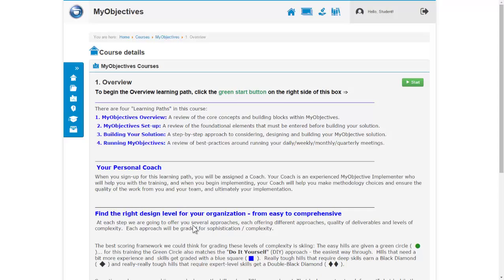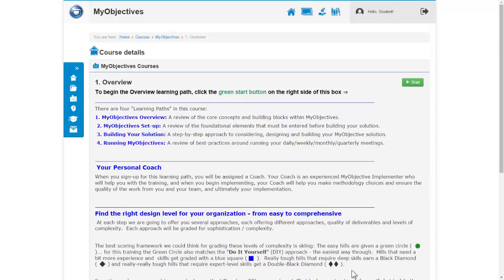Finally, within the Consulting Guild, we have effectively 4 levels of sophistication on the tools available to you. Think of when you're skiing, the easy hills have a green circle. The ones that are slightly tougher for the more skilled people, a blue square. The tough ones, black diamonds, and the really sophisticated ones, double black diamonds.